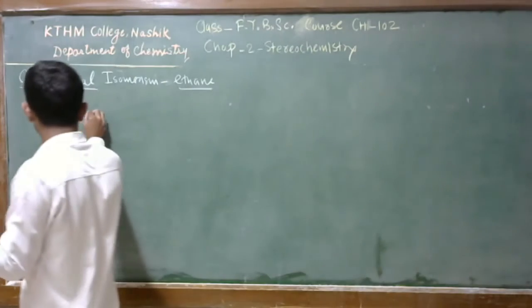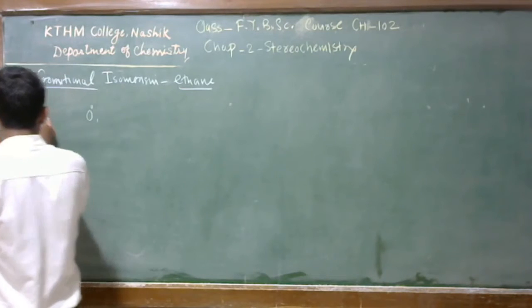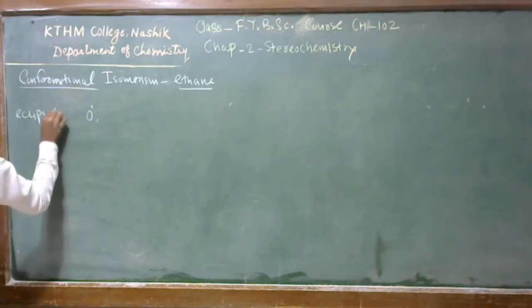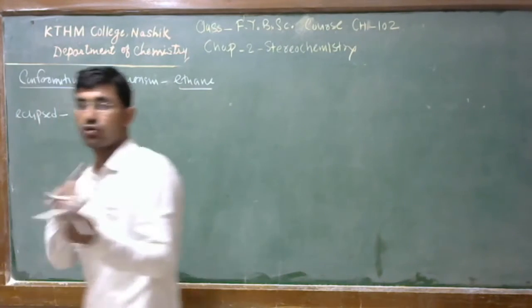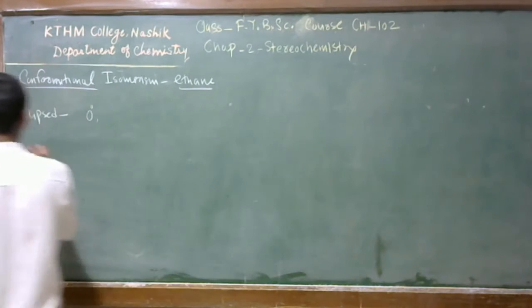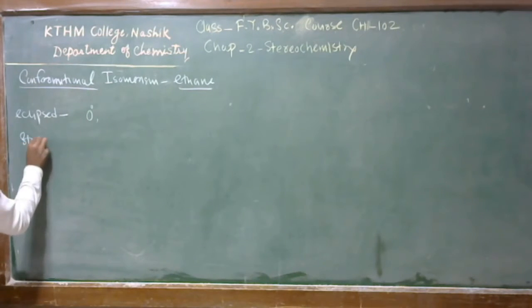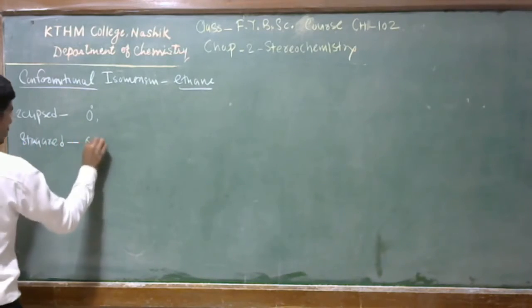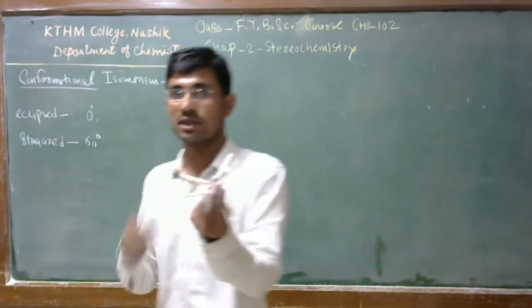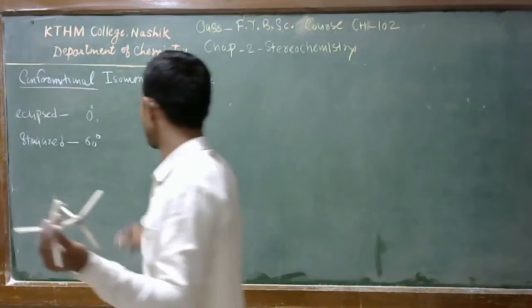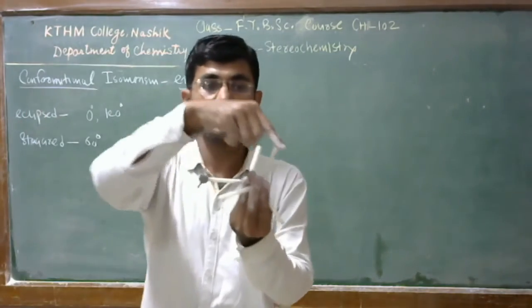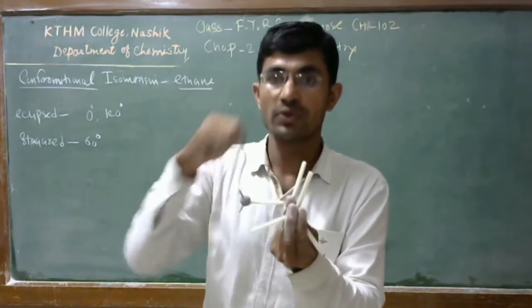Means at angle 0 we observe eclipsed, at 60 staggered, then again eclipsed at 120.